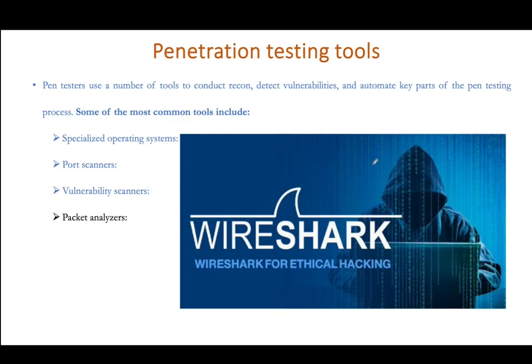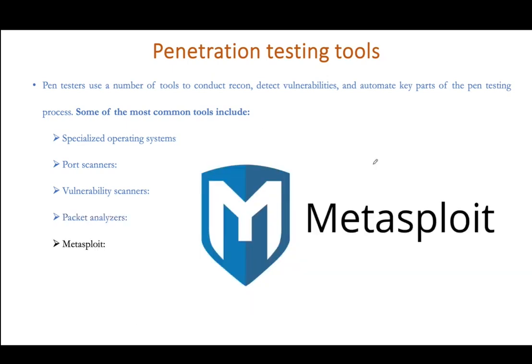Pen testers can simply figure out where the traffic is coming from and where it's going, and in some cases what data it contains. One example is Wireshark, and tcpdump, which are among the most commonly used packet analyzers. And another one is Metasploit.